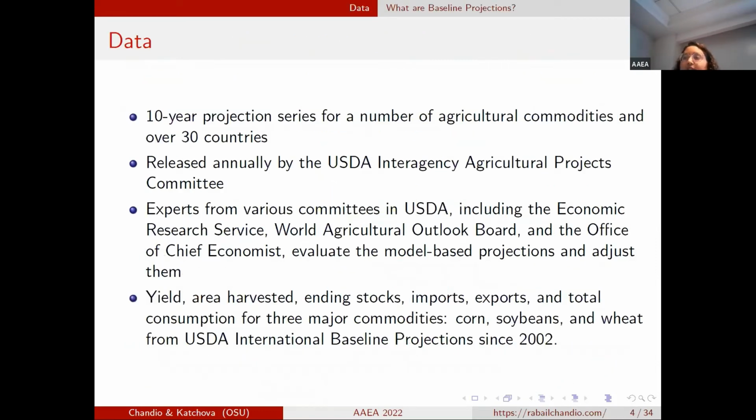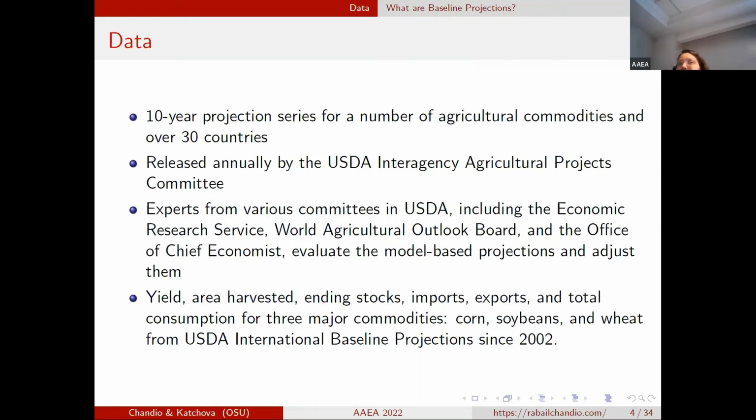The data we use is the 10-year projection series that are released by USDA every year. These are very different from the short-term forecasts that Rakib talked about or the WASDE forecasts. They are at the country level and they come out every year and have indicators that span 10 projection horizons.